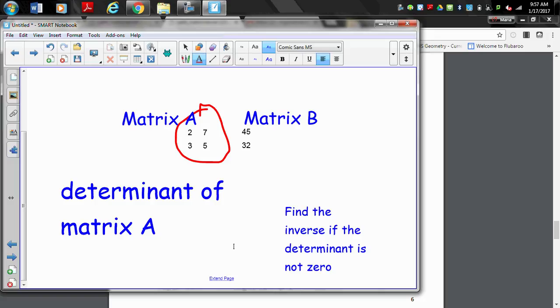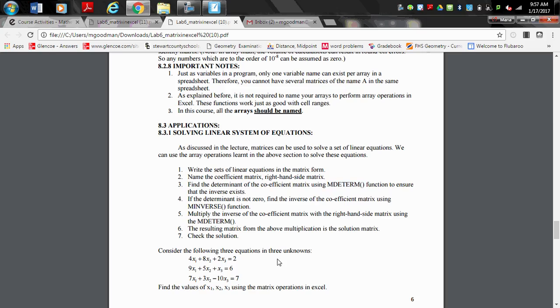Then you will multiply the inverse by matrix B.